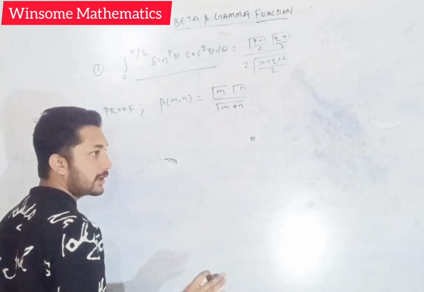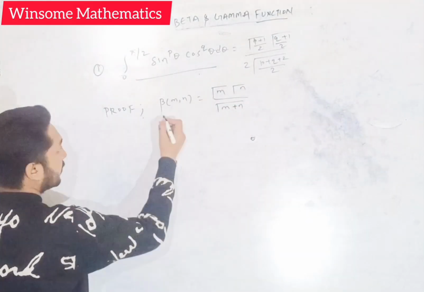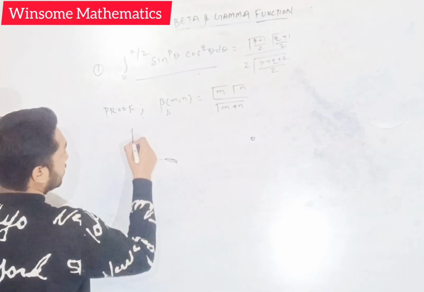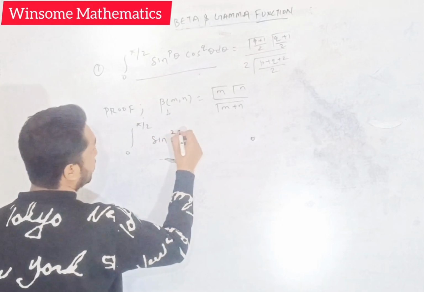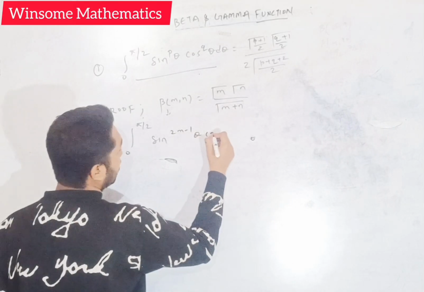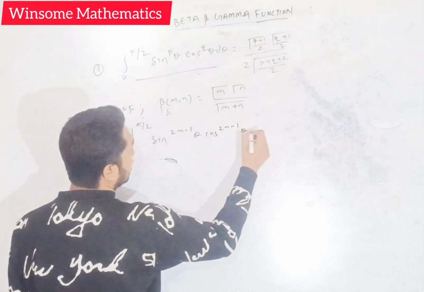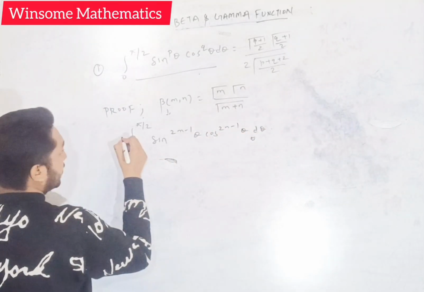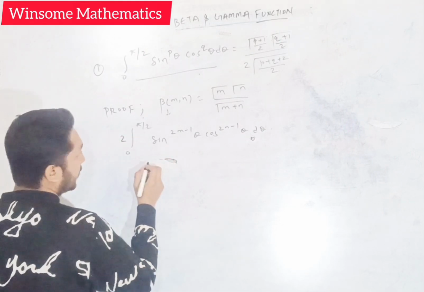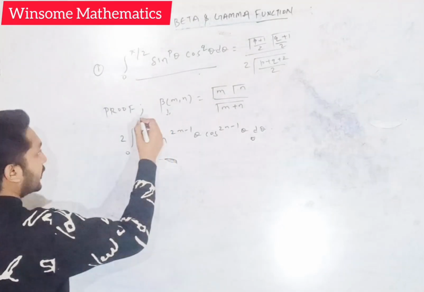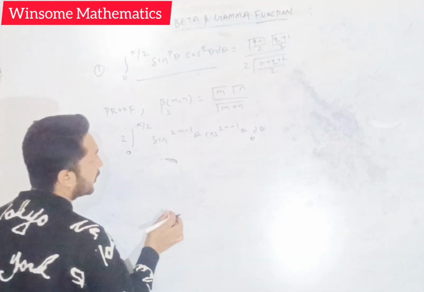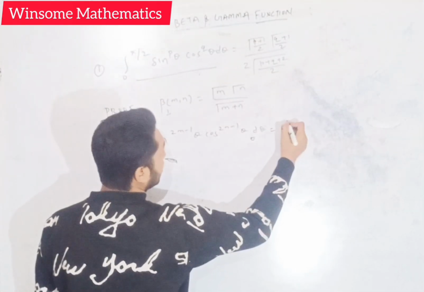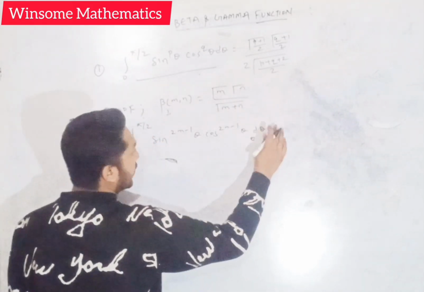This is our first relation, and we know the definition of beta m n, that is 2 into the integral from 0 to pi by 2 of sine to the power 2m minus 1 theta cos to the power 2n minus 1 theta d theta. Remember the limits: whenever 0 to pi by 2 comes, we use sine and cos.